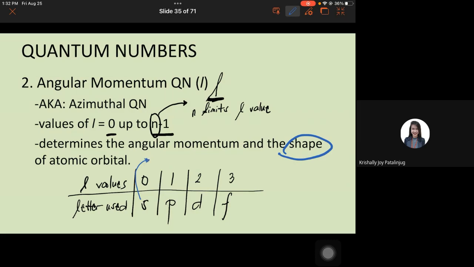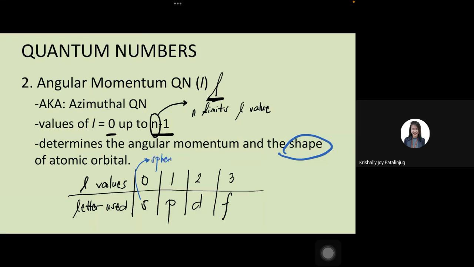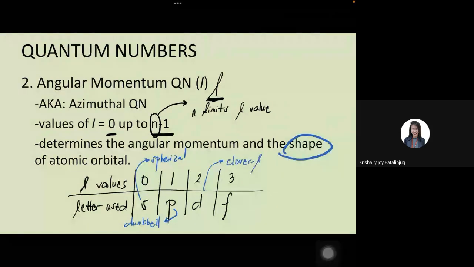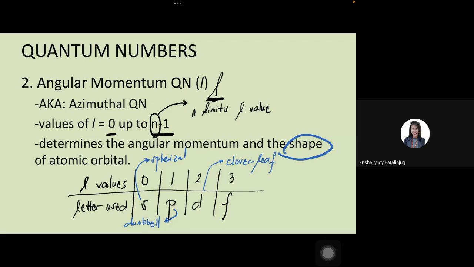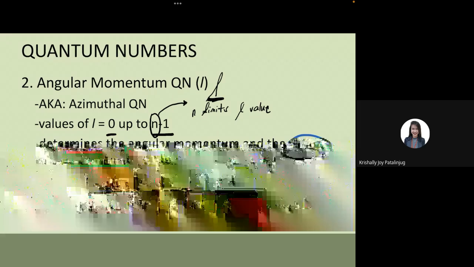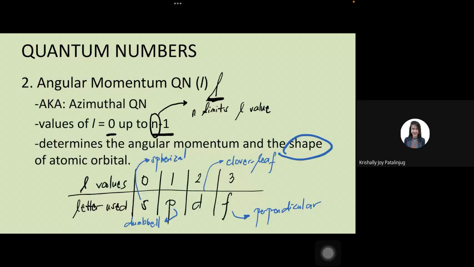Remember, each atomic orbital has a different shape. S has a spherical shape, P has a dumbbell shape, D has a clover leaf-like shape, and the F subshell has a perpendicular shape. So please take note that each L value has a designated letter.